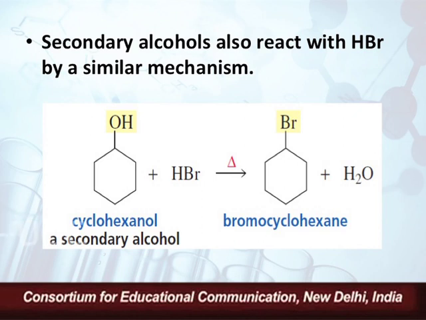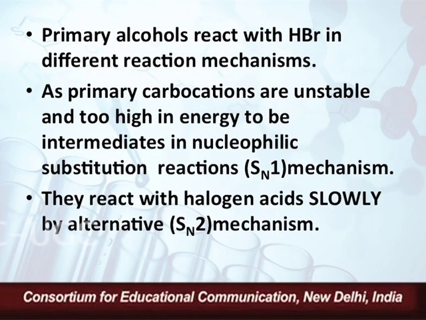So in this case also, the first step is the protonation of the OH group, which is then eliminated as a water molecule, resulting in the formation of a secondary carbocation, which then reacts with Br- to form bromocyclohexane. Primary alcohols react with HBr by a different reaction mechanism.